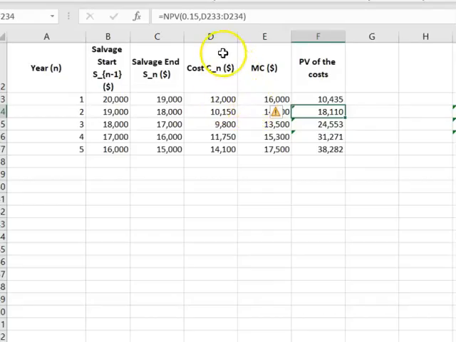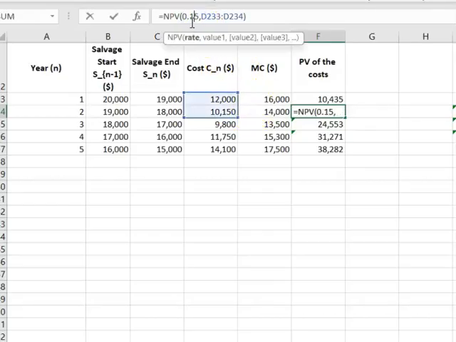That's it. We continue. For year 2, NPV of rate 15%, and the values we will have if we are supposed to keep the machine for 2 years are cost for year 1 and year 2. As you can see, I have selected both of them.